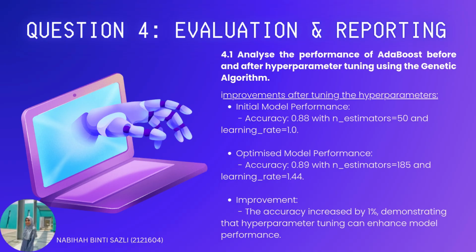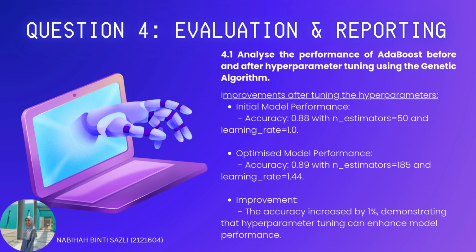About the improvements that we observe after tuning the hyperparameters, based on the result, the initial model performance shows an accuracy of 0.88, but after optimization, it increased to 0.89. The n_estimators increased from 50 to 185, and the learning rate increased from 1.0 to 1.44.